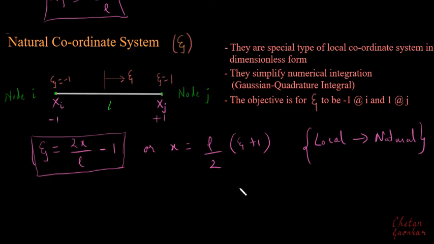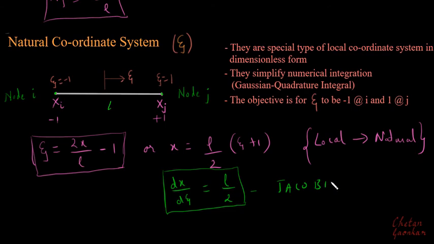And then here, if I just take the derivative of this with respect to xi, I will get dx by dxi equal to L by 2. And this term is a very important term in finite element method, which is called the Jacobian.